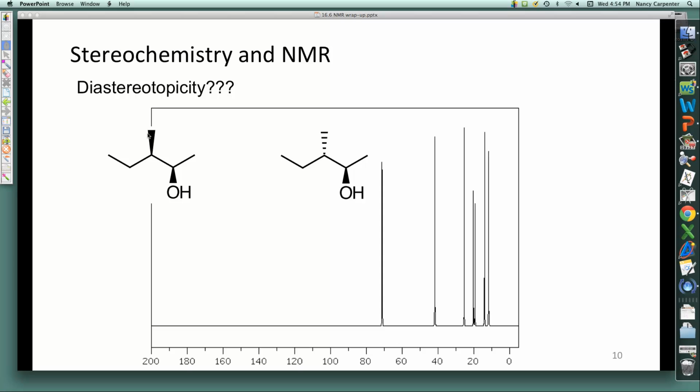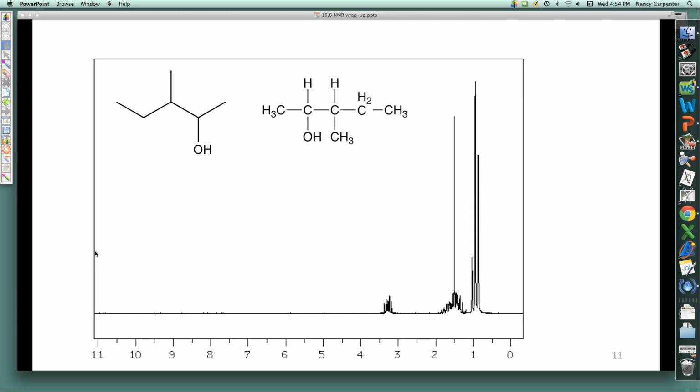We have diastereotopic methyl groups, and they will show up in different places in the spectrum. The proton NMR spectrum is even worse. It's a hideous mess, all because of these 2 stereocenters. So just be aware that you're not responsible for this, but stereochemistry makes it a lot more complex.